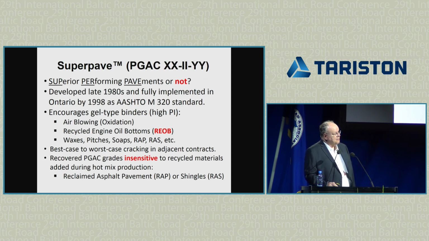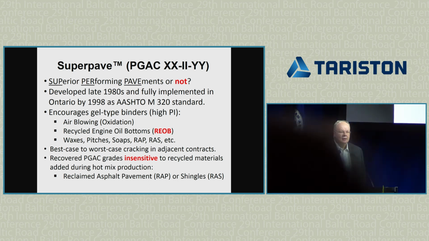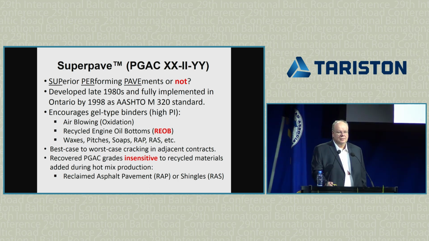Superpave stands for Superior Performing Pavements, I say, or not, probably not. It was developed in the 80s, fully implemented in 98 as AASHTO standard M320, and it encourages gel-type binders. If you gel your binder, you make more money. You can blow air through it, you can put acids in it, you can put waxes in your asphalt cement.